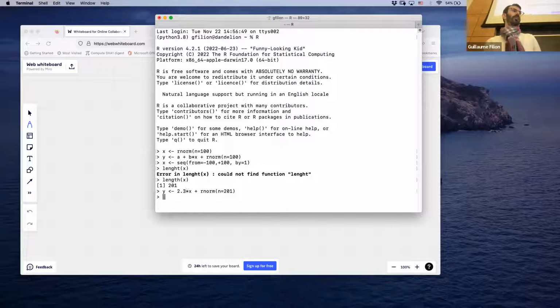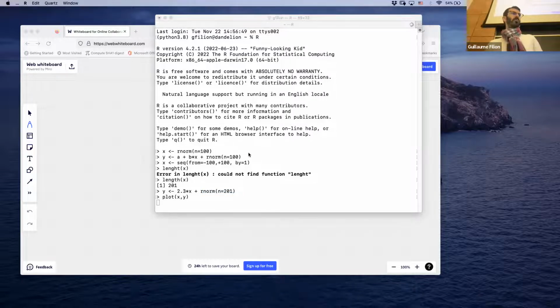Whatever. So x is a deterministic number, y is a deterministic function of a deterministic number, so that's the deterministic part, but the only piece that's random now is this random noise that has been added on top of y. So let's see what this looks like when we just plot one versus the other.